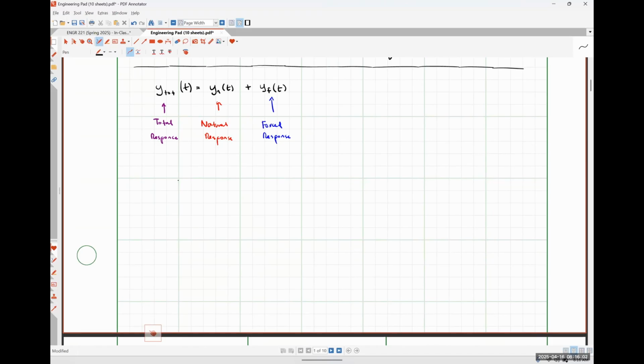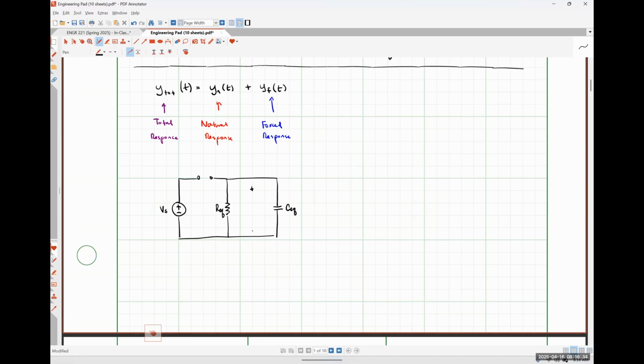Okay. So here I've got my simple DC voltage source, VS. Here's my switch. Here's my resistance REQ. Here's my capacitance CEQ.